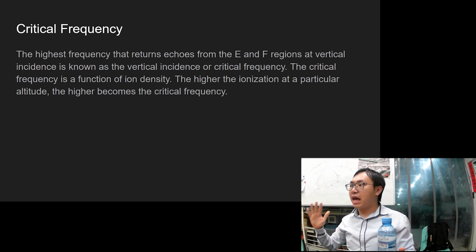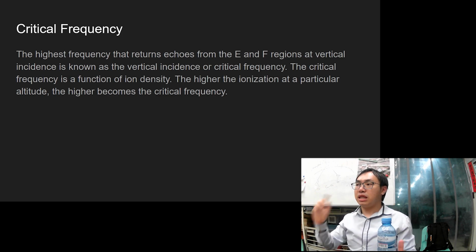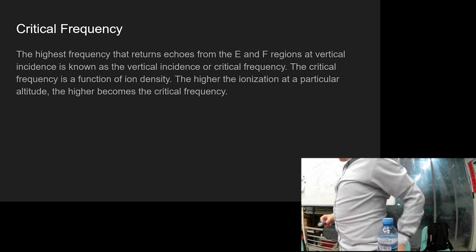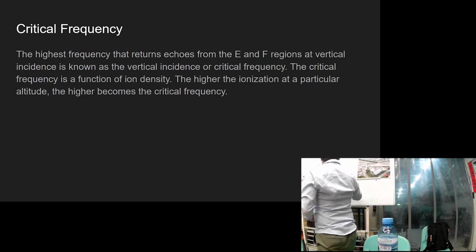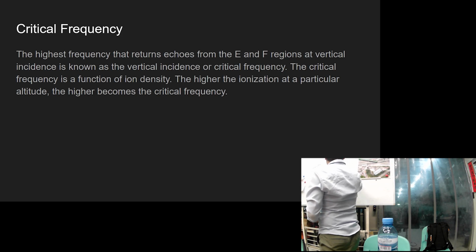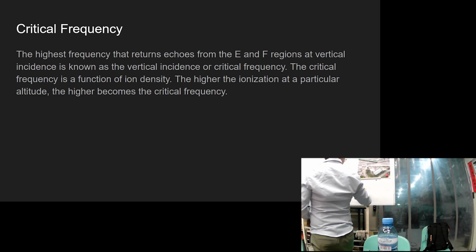One more important thing: a frequency a bit higher than the critical frequency can also be used if they are not emitting at 0 degrees. Think of it this way: if they have an antenna emitting straight up, of course they got a very limited space to reflect.